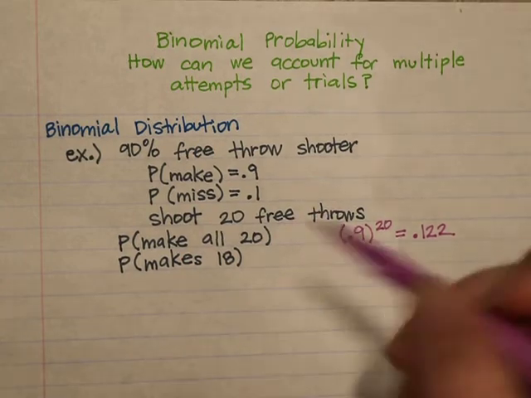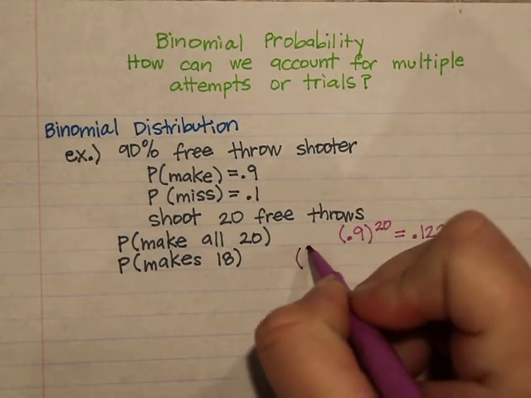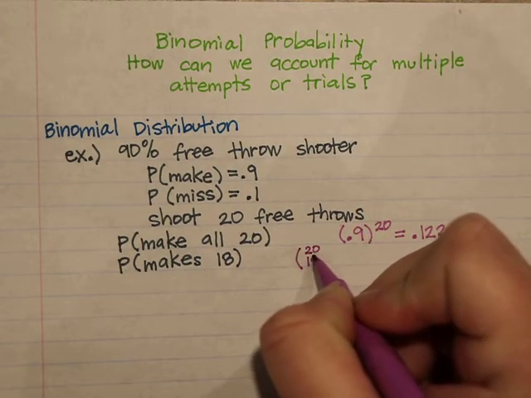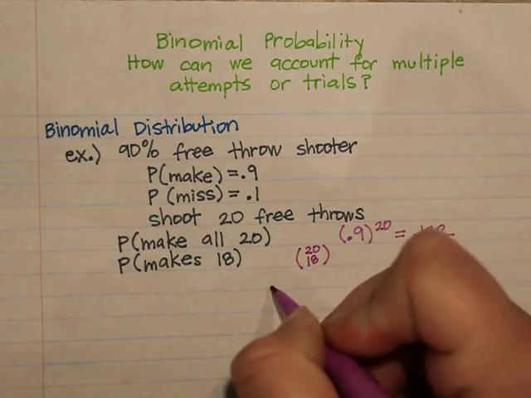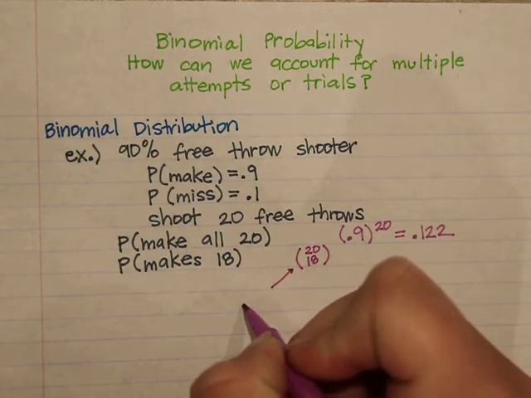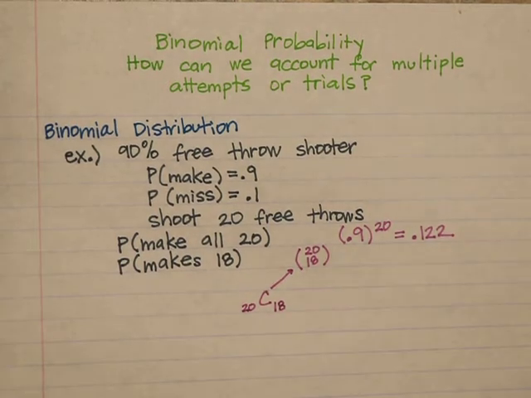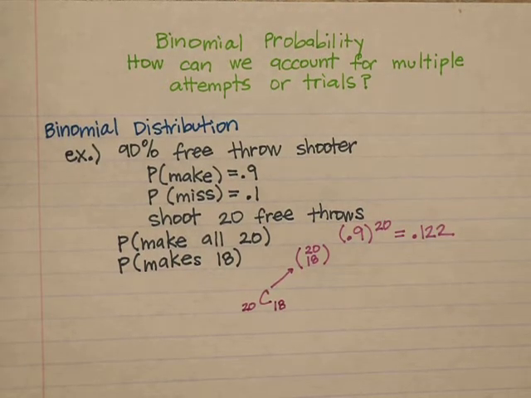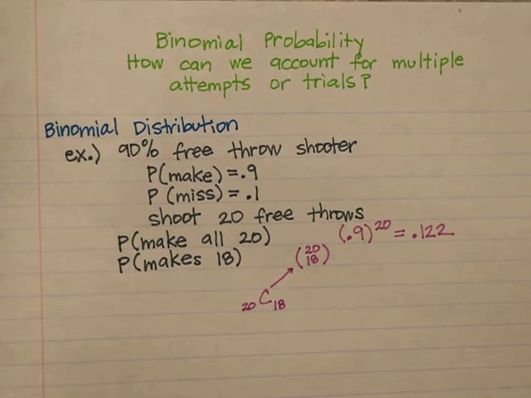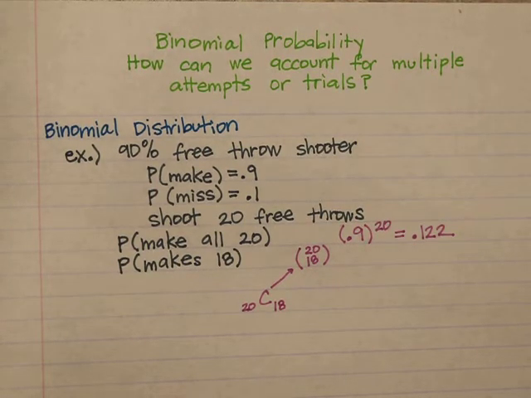So we are going to do 20, and we are going to choose for him to make 18. So now this is just notation, and it's just another way of writing this. In other words, if he goes make, miss, and then a lot of makes, we're not going to say that's any different than him going make, miss, a lot of makes. We just want 18. We don't care about the order.